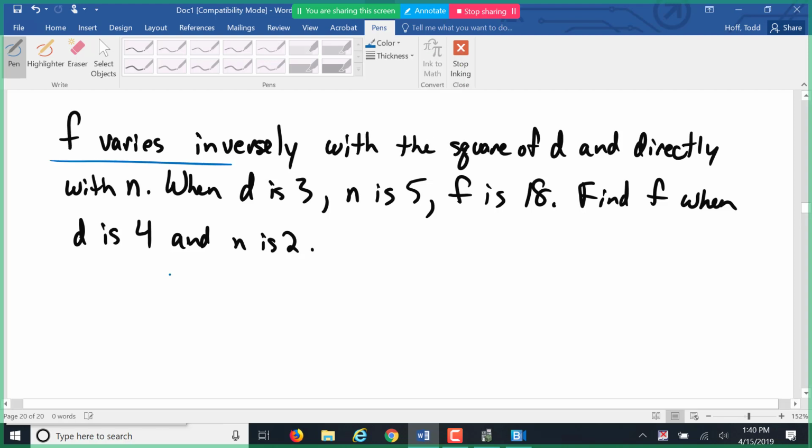So F varies. So F equals a constant inversely as the square of D. So K over D squared. And directly with N. So F equals K times N over D squared.